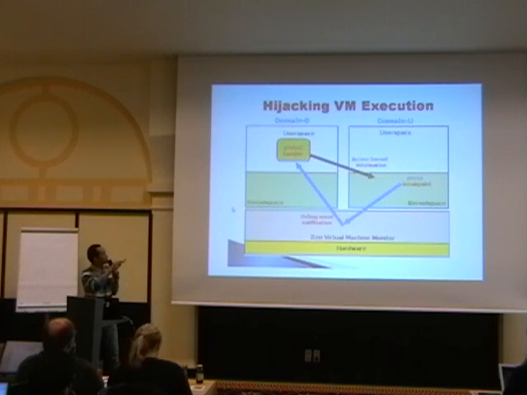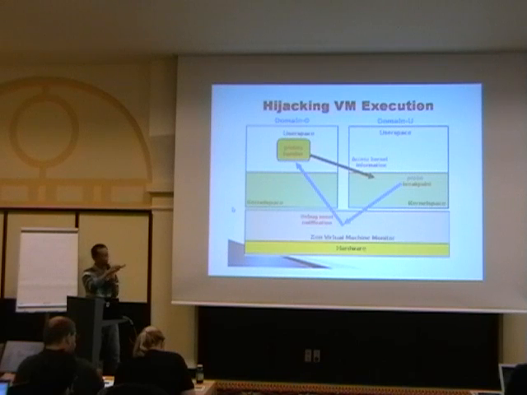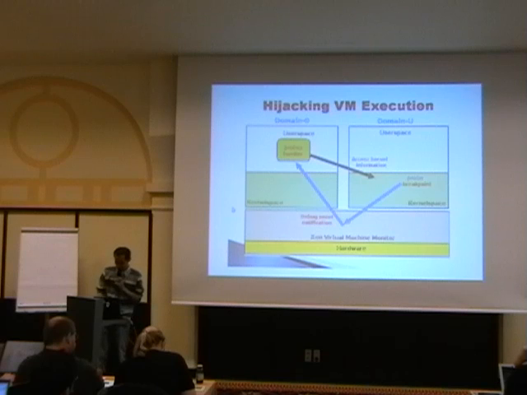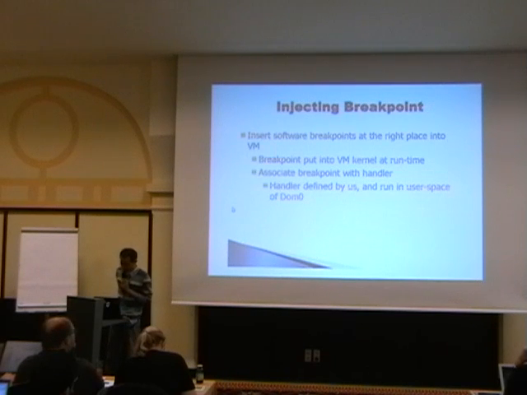Here we run the probe handler, which is a function, and it accesses the user domain and extracts the information out. That's how it works. Very simple. We inject a breakpoint into the right place inside the virtual machine, and with each breakpoint you have a probe handler, which is executed when the breakpoint happens.